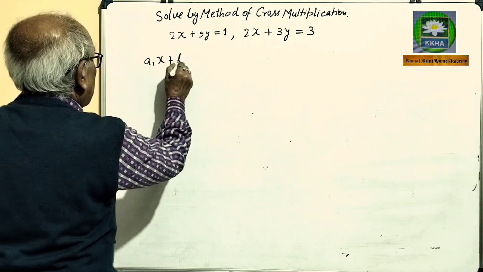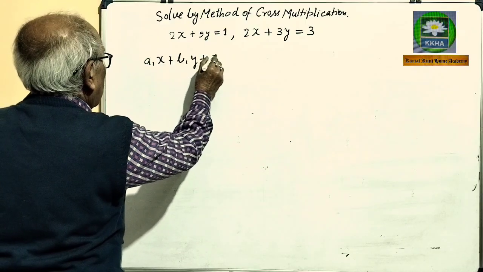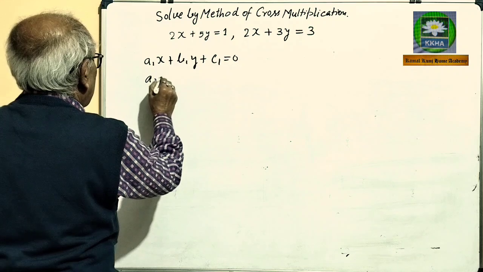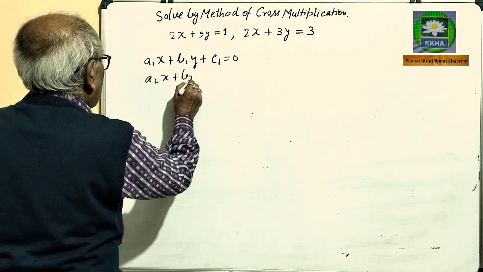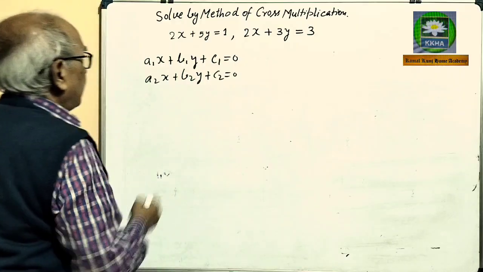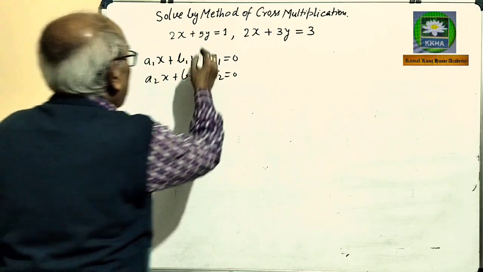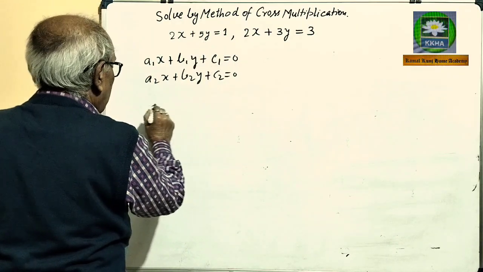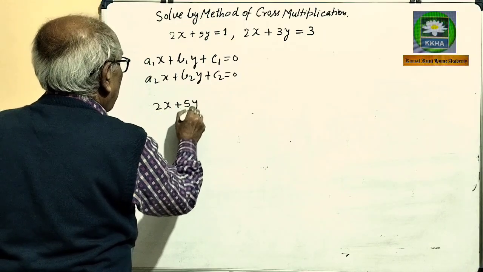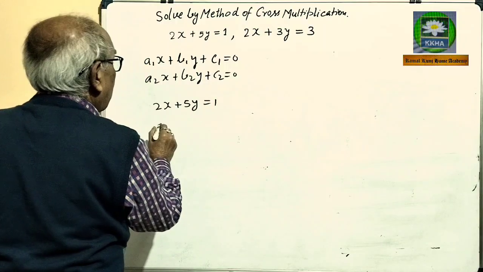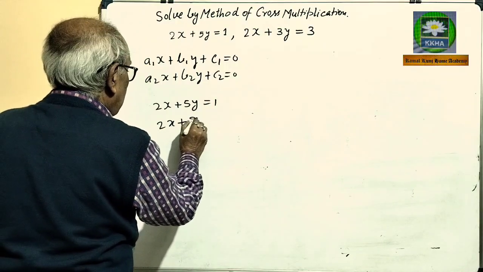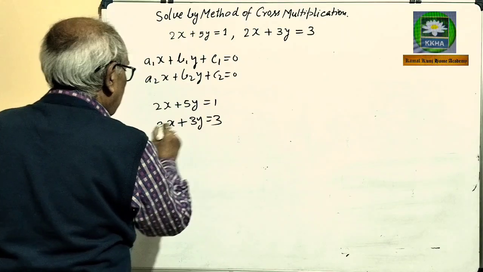We compare this equation with a1x plus b1y plus c1 equal to 0 and a2x plus b2y plus c2 equal to 0. Given equations are 2x plus 5y equal to 1 and 2x plus 3y equal to 3.